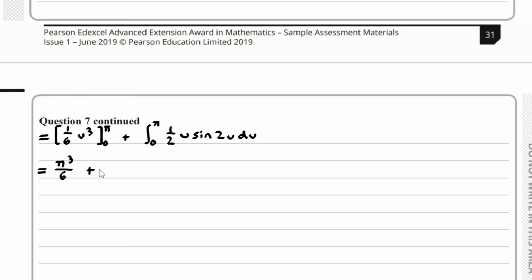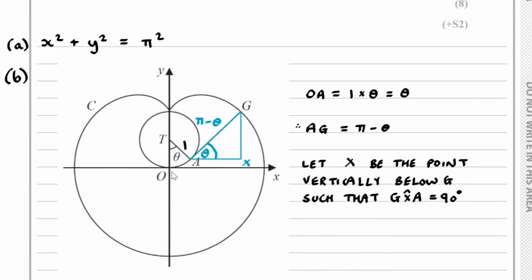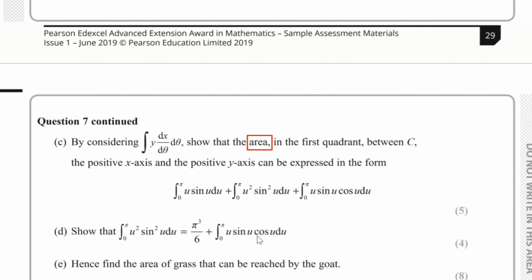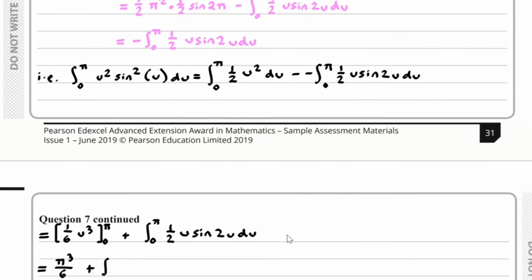And then if I integrate 1/2 u sine 2u du between 0 and pi, again, I need to use, well, no need to use anything, because if I go back to my show that result is the same as what we've got here, u sine u cos u du. So I don't actually need to work that out.